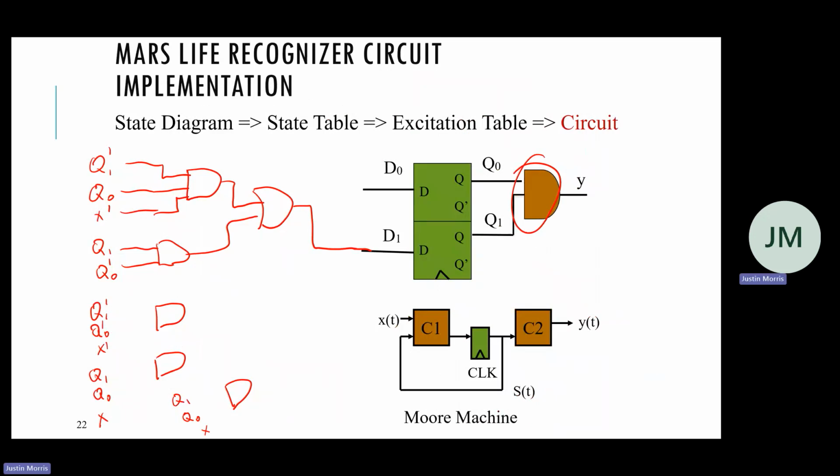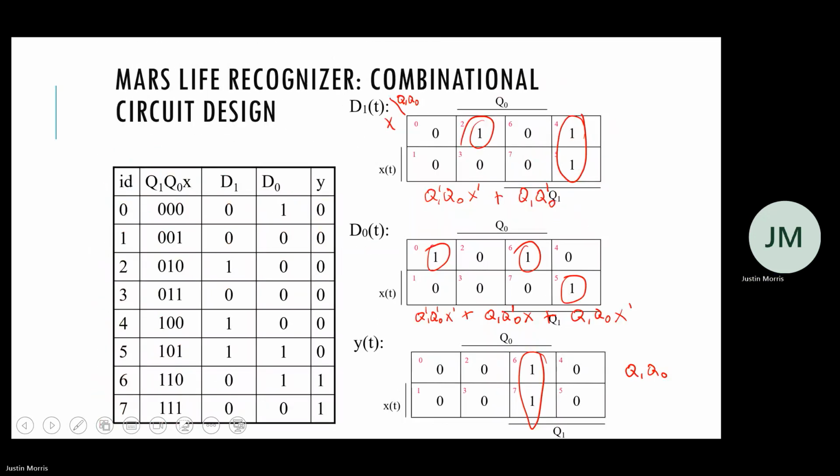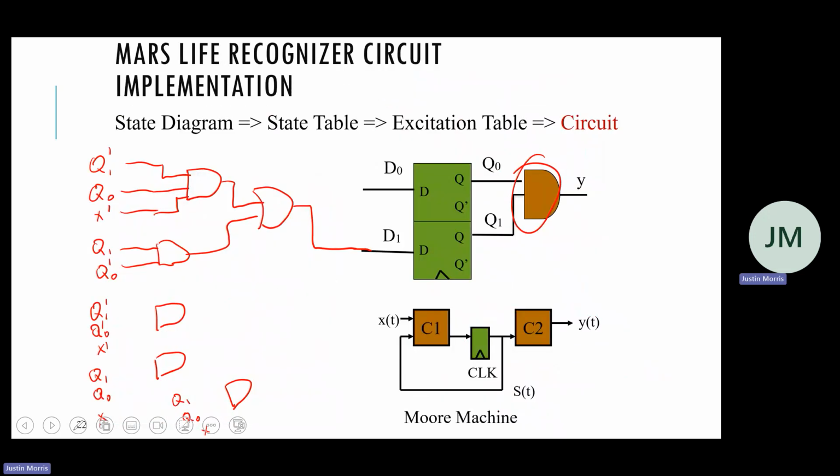Not. And then 5 and 6. So that's 5, that's 6. 1, 2, 3. 1, 2, 3. And again, into an OR gate.